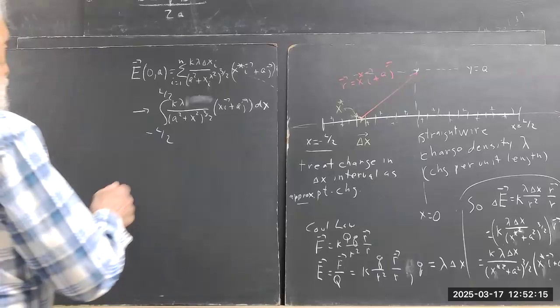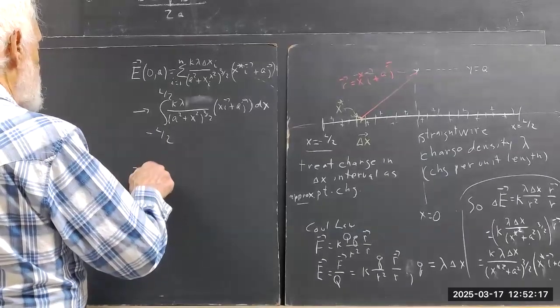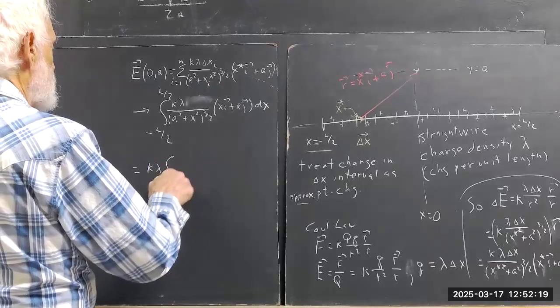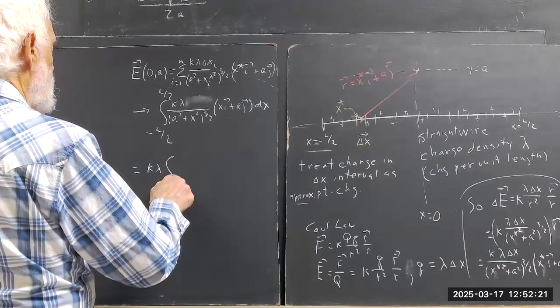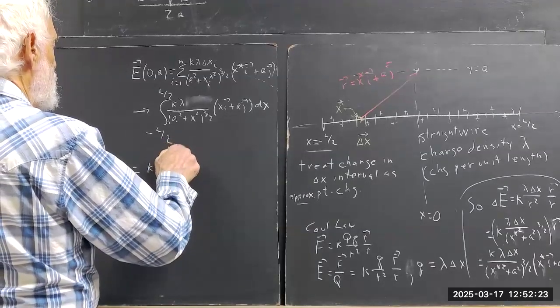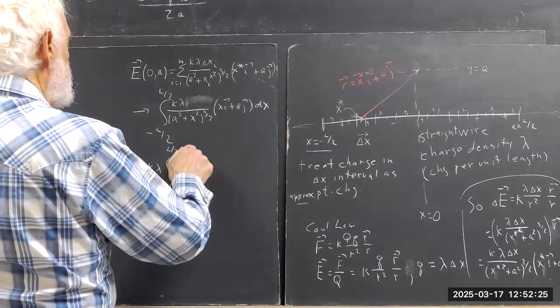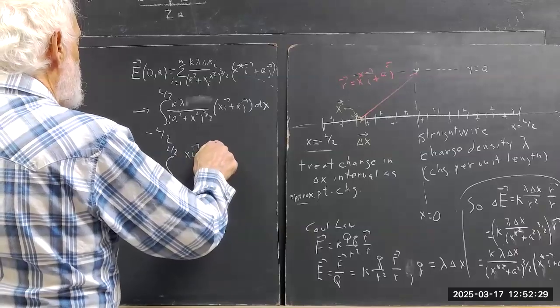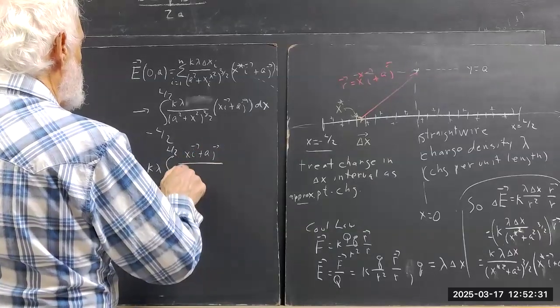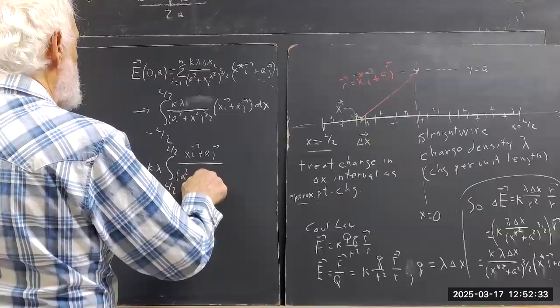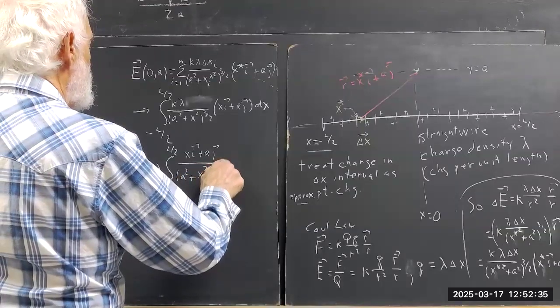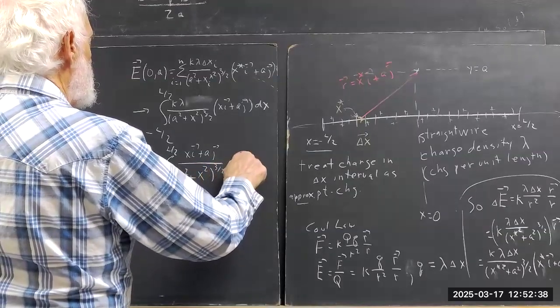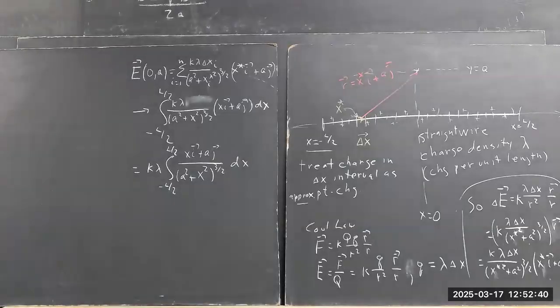And then we can simplify that just a little more. We can pull out the k lambda, and see that we're just doing the integral of x i plus a j with respect to x.